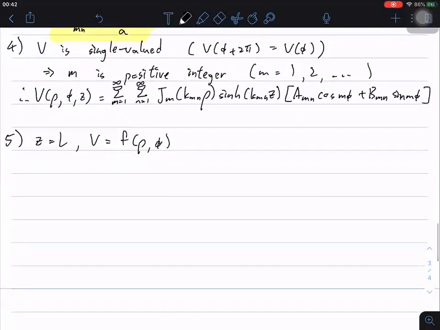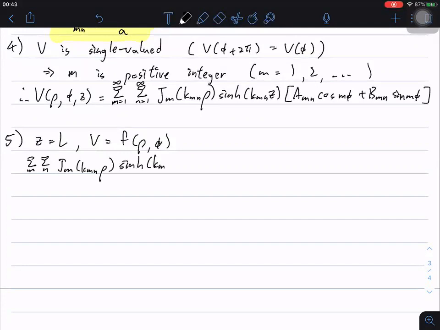So again, we plug z equal to L into the solution above. For the summations, I'm not writing the lower bound and the upper bound for m and n, because you all know that those go from 1 to infinity.